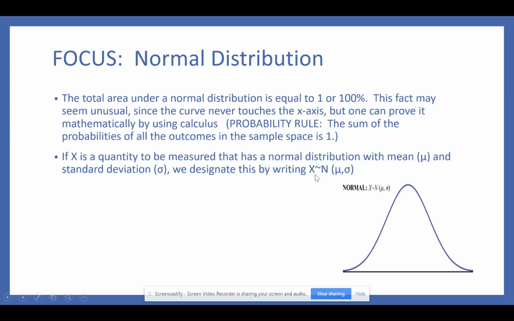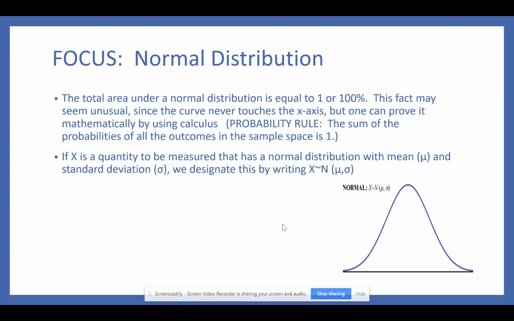We write X, and then a little wavy line, it's called a tilde, X ~ N for normal. In parentheses, we list the population mean first, always, comma, and then the population standard deviation, and we close the parentheses. It's just a shorthand for indicating that information related to the normal distribution, because you have to know those two things whenever you're dealing with a problem.